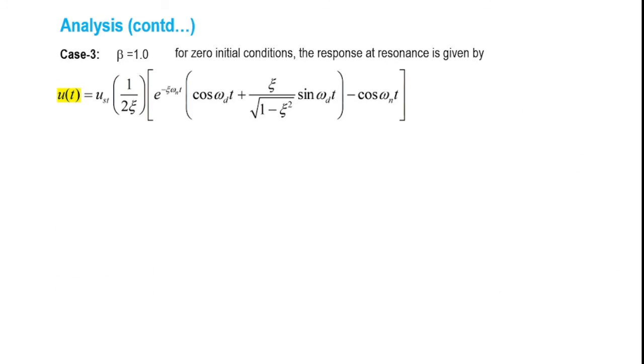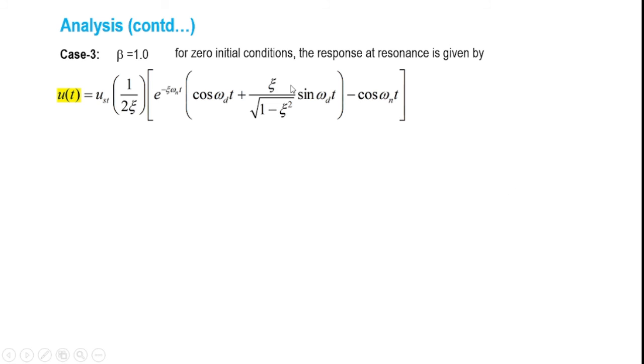So this is our case 3, beta equal to 1. Now what we'll do is that for this case, we'll write the total solution including the transient term also, and obviously you know that the solution that includes the transient term also depends on the initial condition.